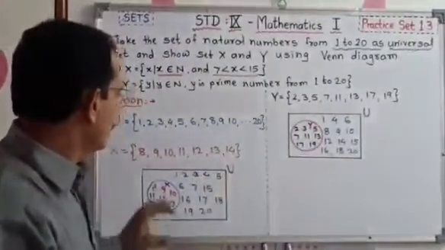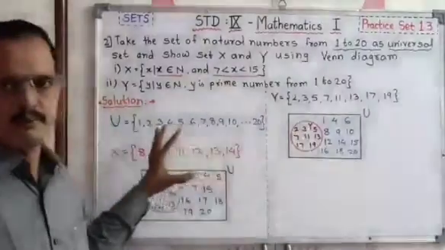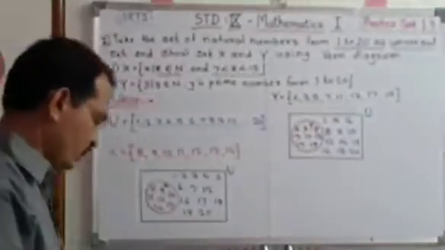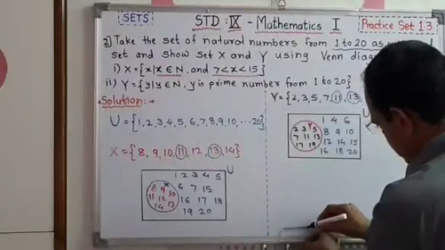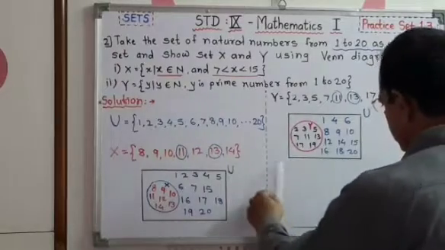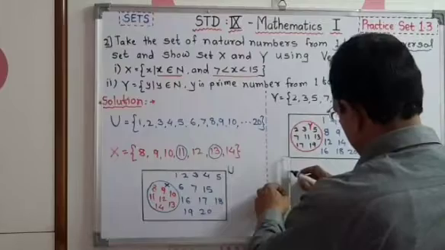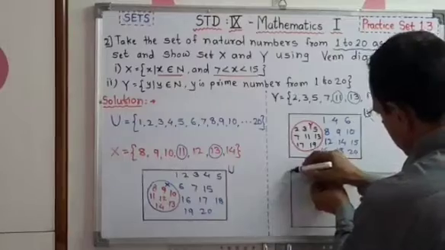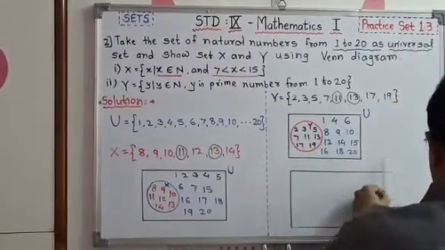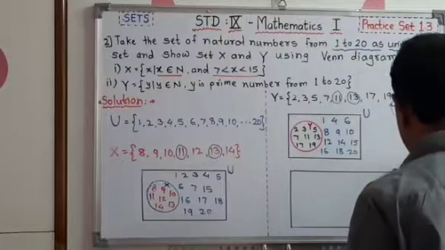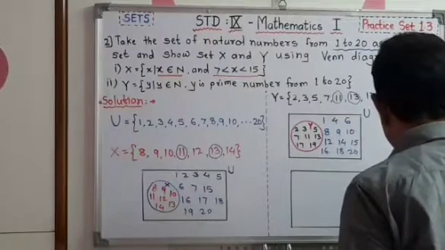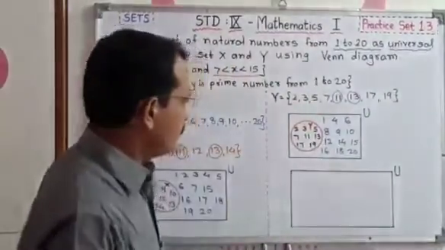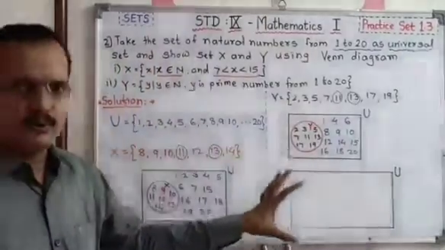Now dear student, we have shown these two sets separately. If we have to show these two sets in one Venn diagram, then how can we draw it? See, this is the universal set. In that we have to show both the sets in one universal set.